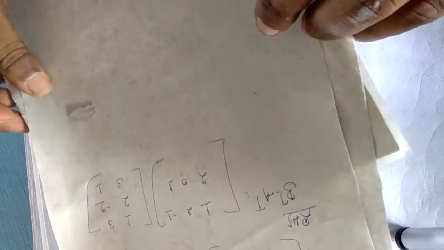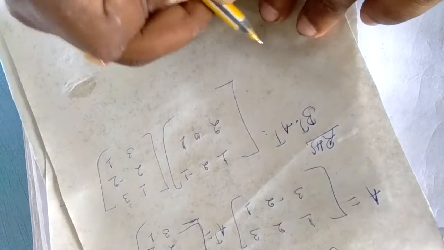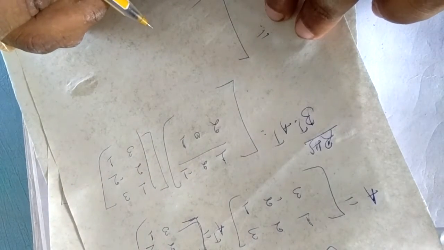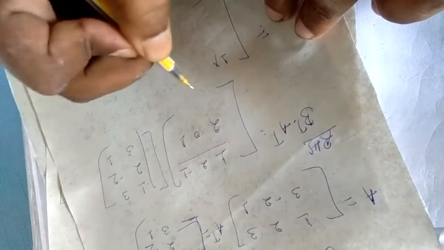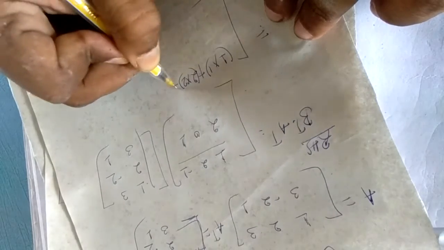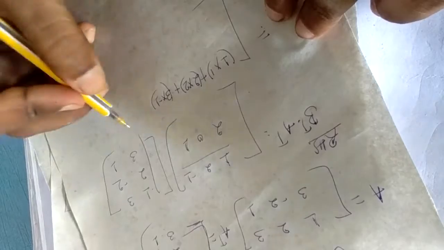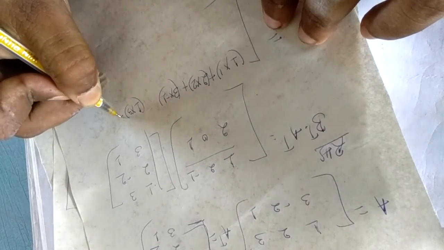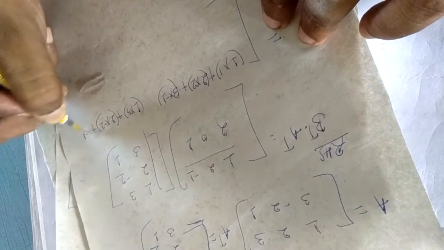So that you can multiply row into columns and the respective elements are multiplied. That is 1 into 1 plus 2 into 2 plus 3 into minus 1. Again second column, 1 into 3 plus 2 into minus 2 plus minus 1 into 1.